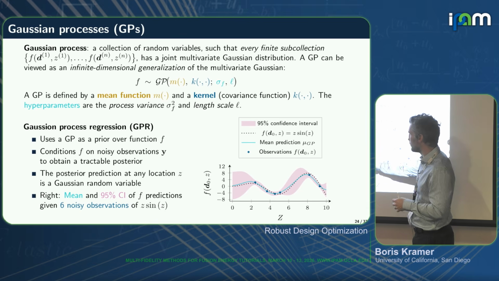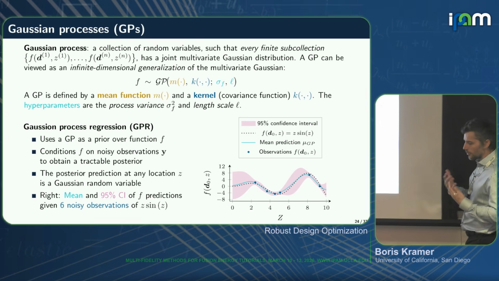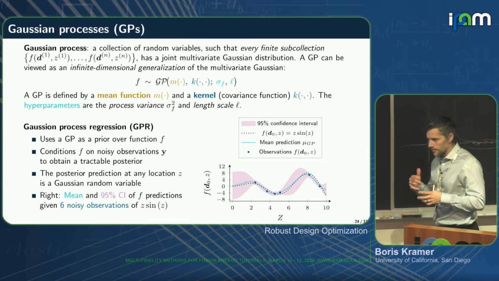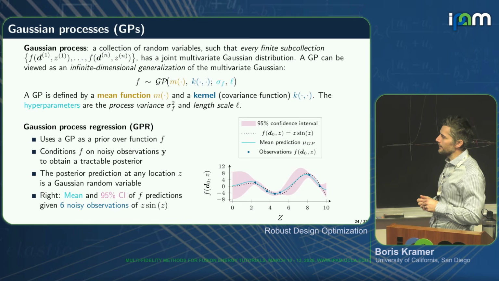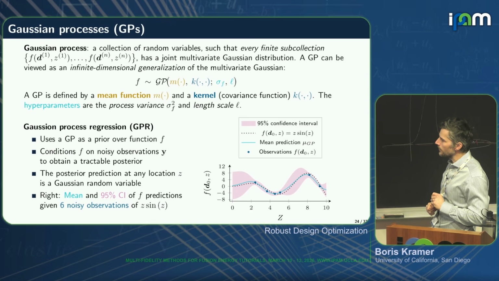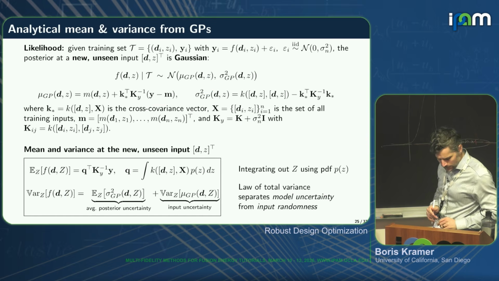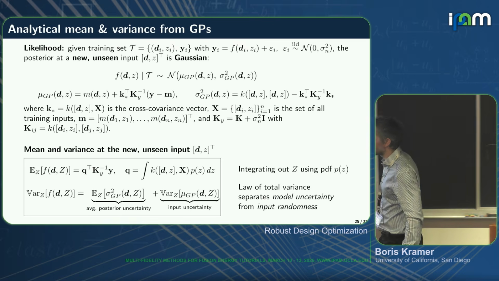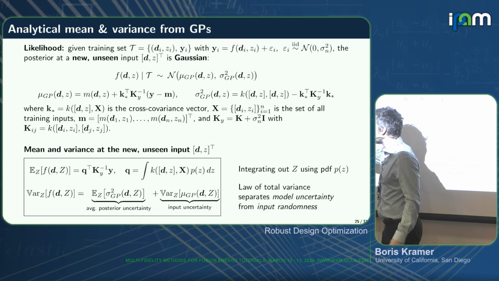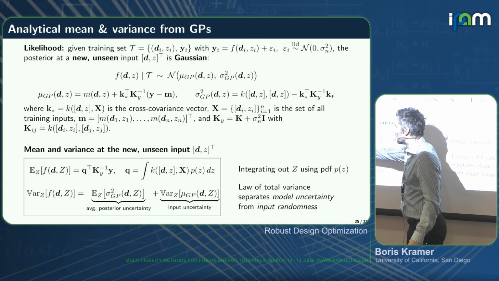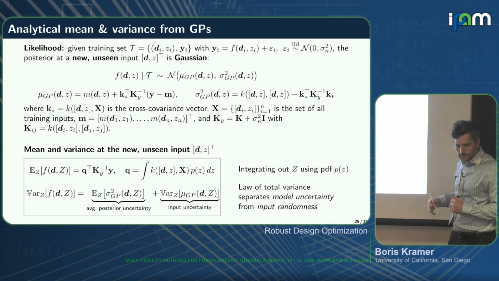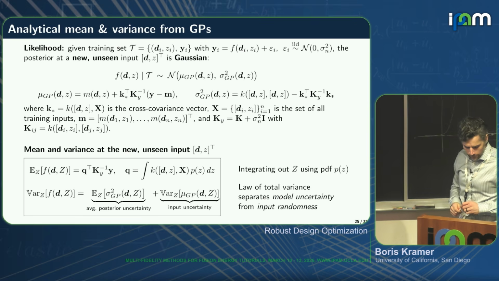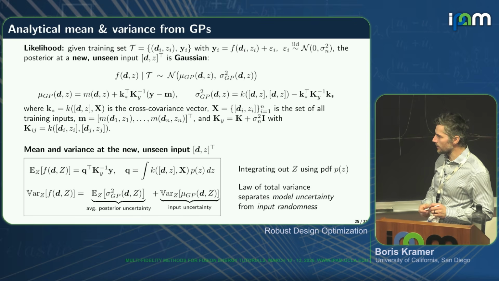You can train them very well because you're trying to find the best next point where you should train the Gaussian process by looking at that large variance. Once you have a Gaussian process, you can also rewrite expressions for expectations and variances. They're not as nice as in the PCE case, which is why people use PCEs mostly in RDO.